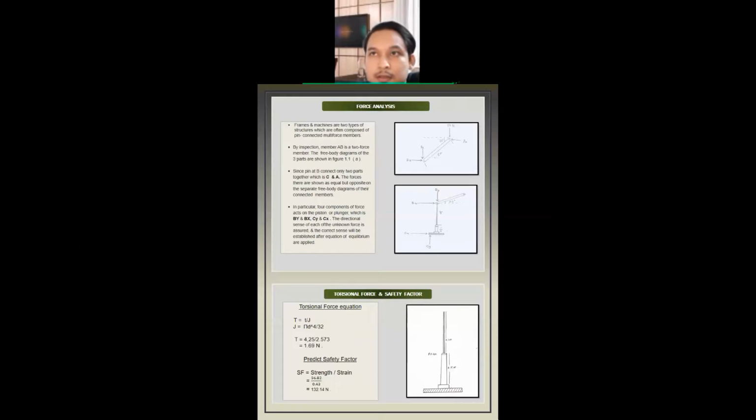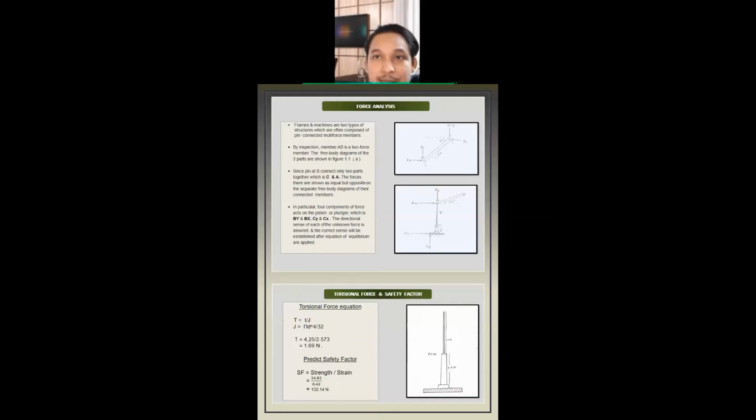For the force analysis, first we have two FPDs. By inspection, member AB is a two-force member, and the free body diagrams of the three bars are shown in the figure next to the article.